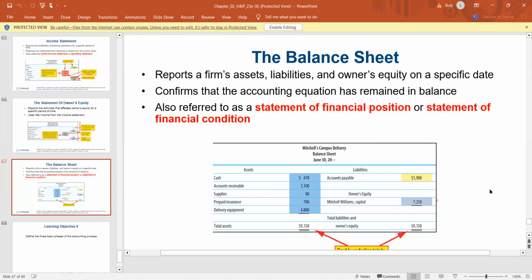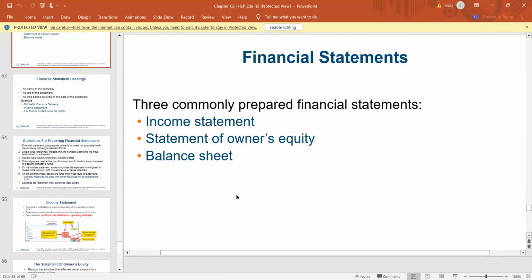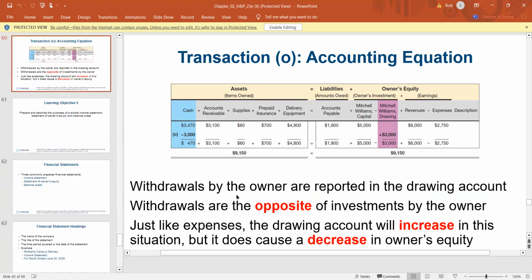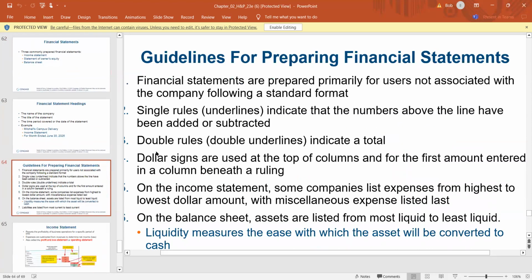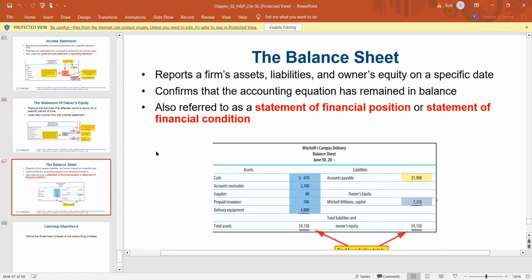And then again, where did we get these numbers? I see 470 for cash, 3,100, 80. Look, right from here, 470, 3,100, 80. And the balance sheet represents the presentation of assets equals liabilities plus equity.